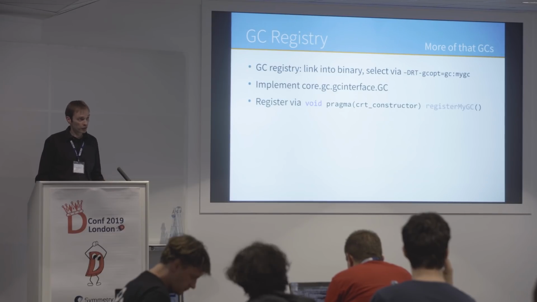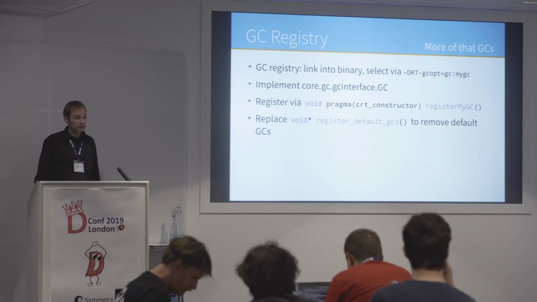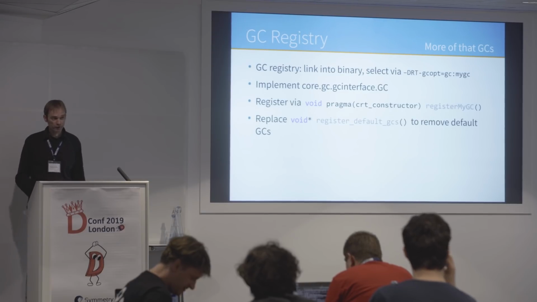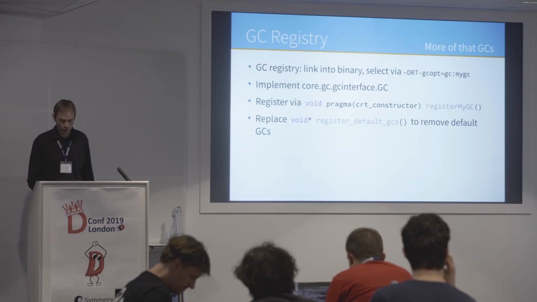It must be registered before the D runtime starts, because static initializers might already allocate. But if you never allocate with the GC and you really want to forbid that, you can also redefine this register default GCs function and remove all existing GCs as well.